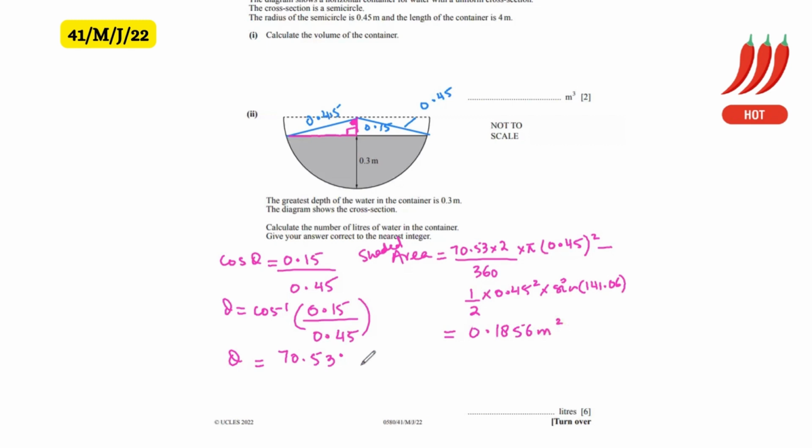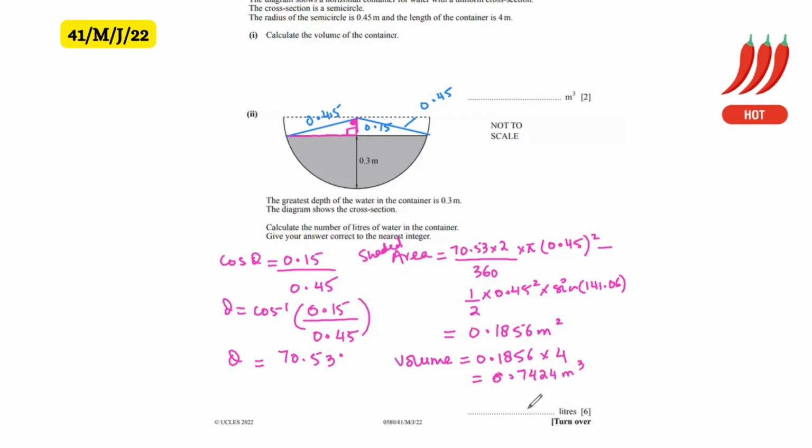So now for the volume, we will multiply this cross-section area with the total length. I think that was 4, yeah. So that is 0.74424 meter cube, divided in liters.